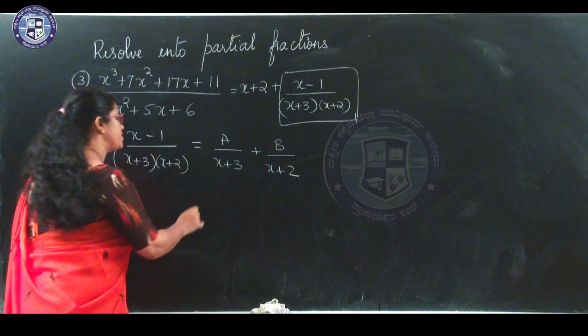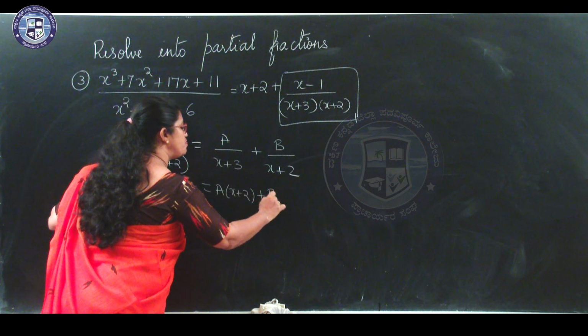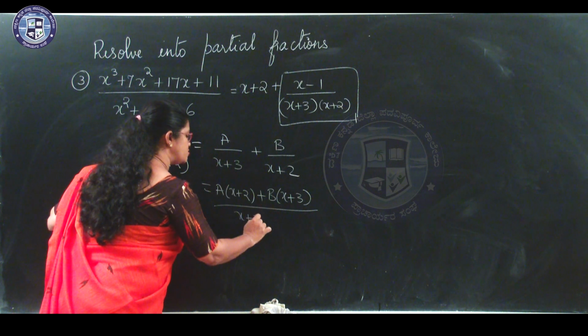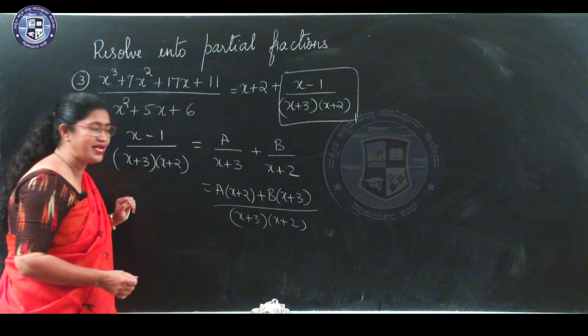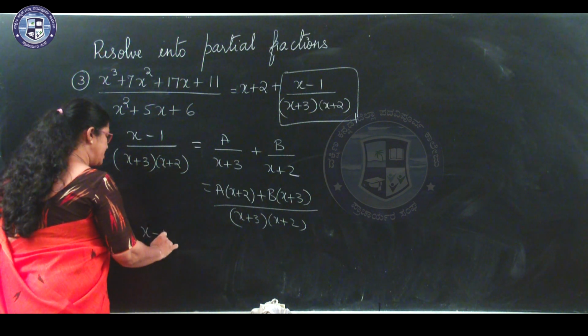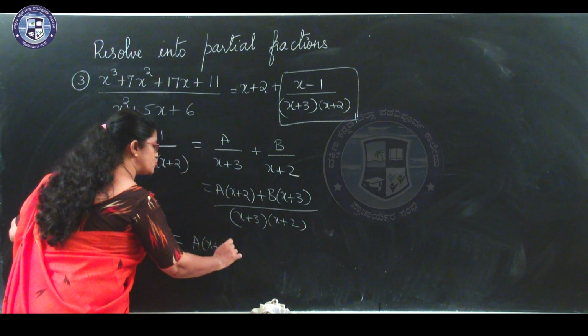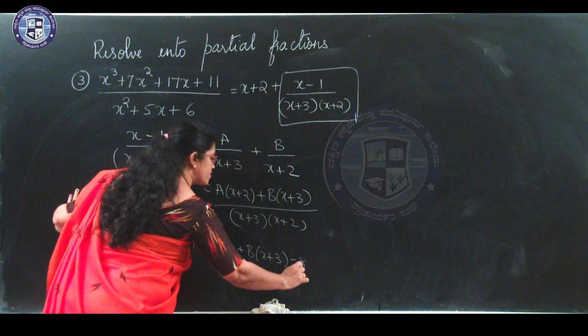Take the LCM, you get a(x + 2) + b(x + 3) divided by (x + 3)(x + 2). Equate the numerators. x - 1 is equal to a(x + 2) + b(x + 3).